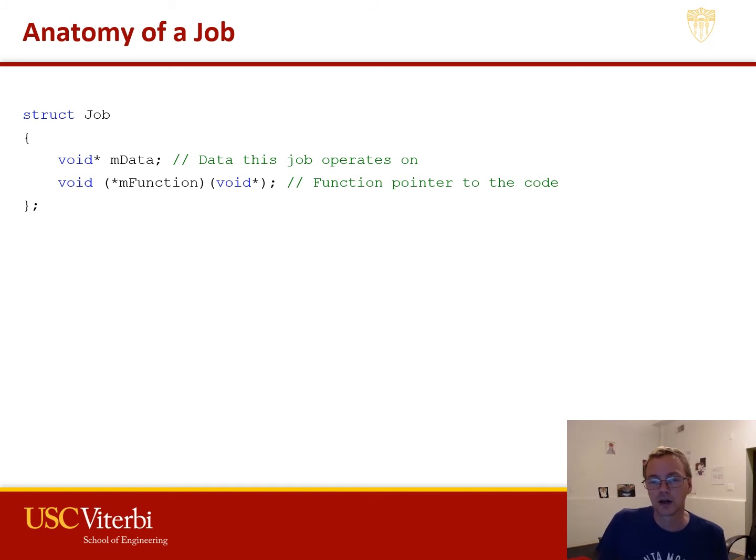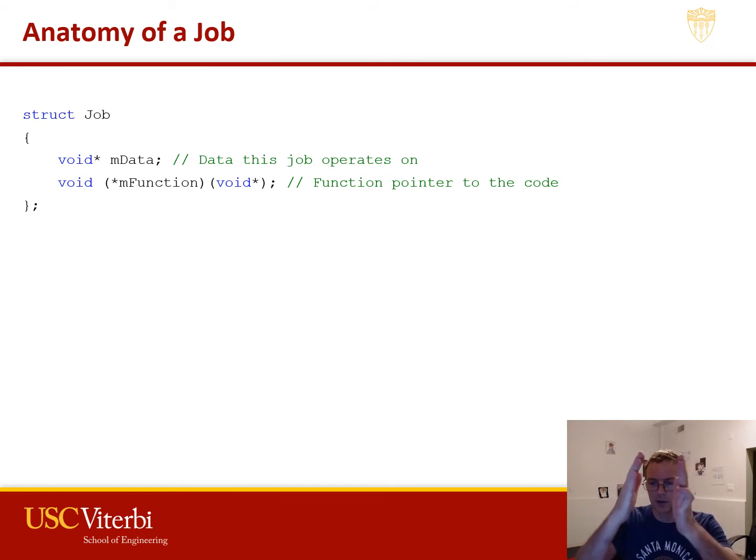What I'm saying here is I have a variable of type void, but it isn't just a void. If we read from the parentheses, it is a pointer called m function. It's a pointer to what? Step outside the parentheses now, and we see these parentheses indicate it's a function, right?